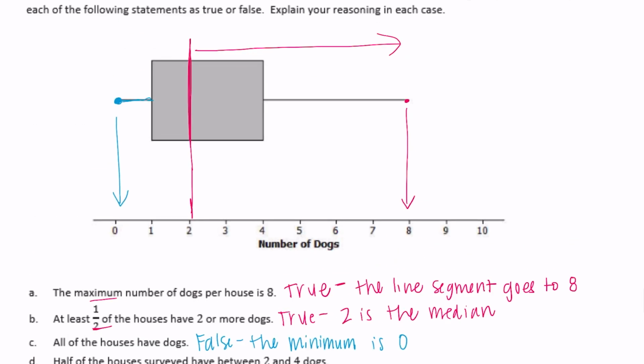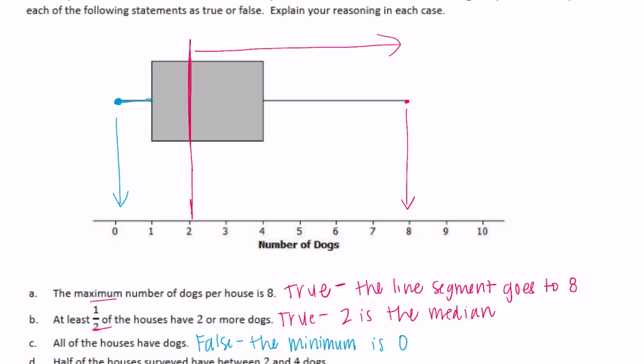D, half of the houses surveyed have between 2 and 4 dogs. So half of the houses surveyed have between 2, here, and 4 dogs right here. So this part right here represents quartile 3. So that is only representing 1 quartile, or 1/4 of the data. So that's false, not half, only 1/4.